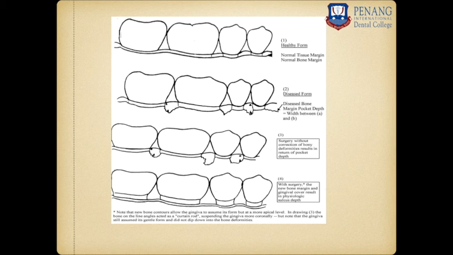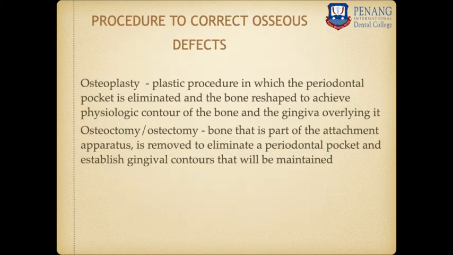That is the main idea of doing a resective osseous surgery. So we are going to remove this part of bone. Picture 4 shows the facial and lingual bone has been removed to reshape it to a more flat or positive architecture.